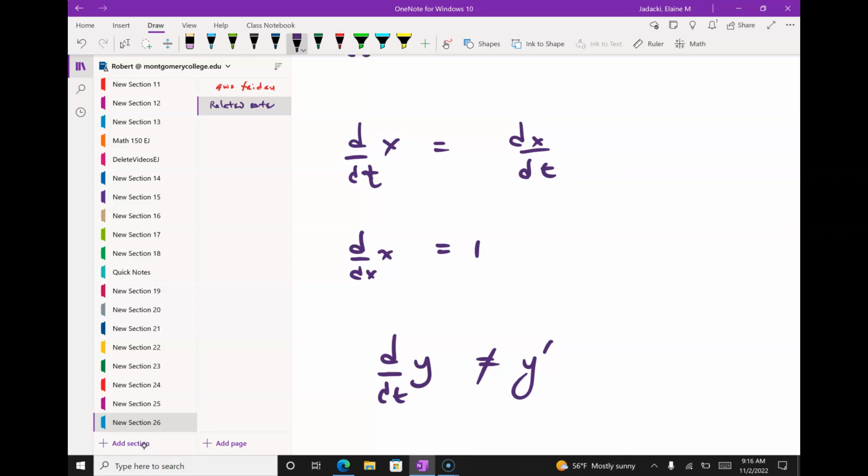So we want to keep it, and this is Leibniz notation, as dy/dt. On the left-hand side, I'm saying take the derivative of y with respect to t, and on the right-hand side, I make it look like one variable, dy/dt.